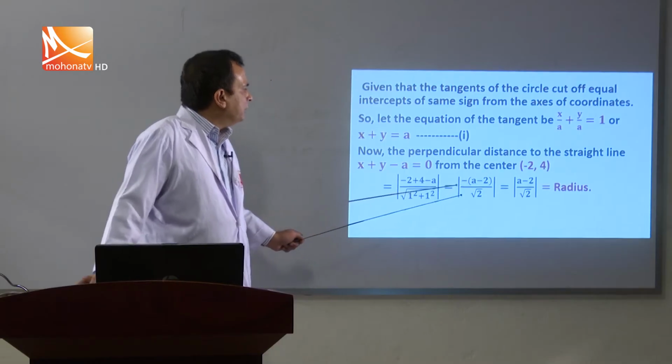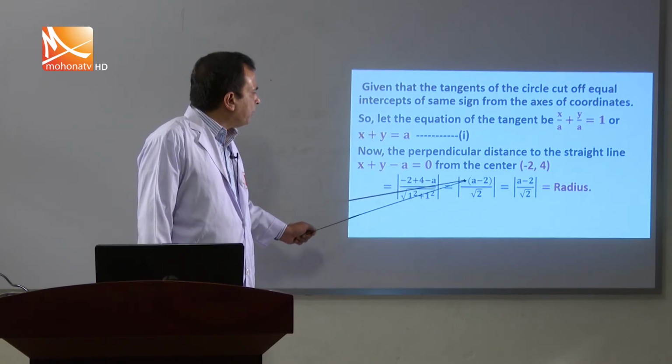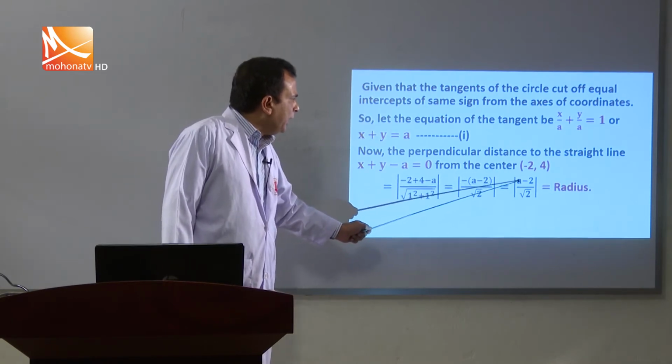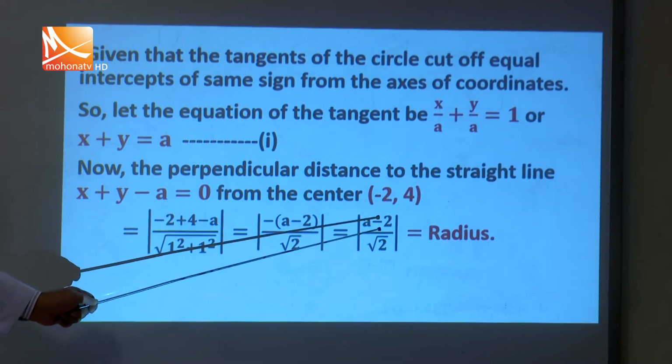Okay. Due to the absolute value we can avoid this minus sign, so it will be absolute value of a minus 2 by root 2, which is equal to the radius.